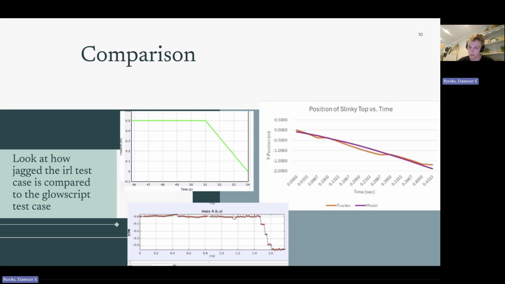It's just not as precise, and you have these little jagged edges. And the positions of the top are just the same deal. Once again, you have these slight imperfections from the human error side as well as other possible sources of error. But in general, once again, the same trend, just a mostly flat line without much change.